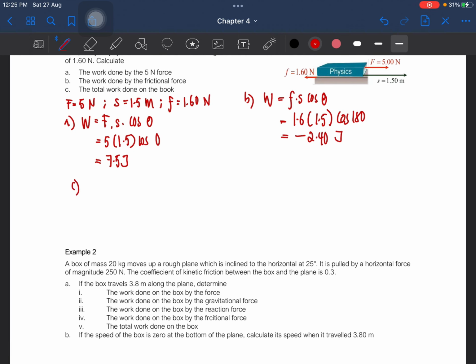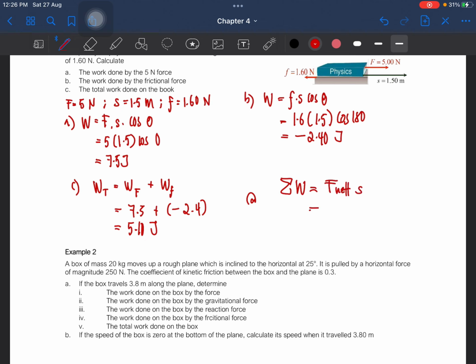Okay, and then we have to calculate the total work done on the book. So the total work done is equal to the work done by the 5 Newton force plus the work done by the friction force. Okay, so that is just 7.5 plus dengan negative 2.4. So you will get the total work done to be equal to 5.1 joule. Okay, ataupun kamu juga boleh buat cara total work done, sum of work done is equal to the net force times dengan the displacement.